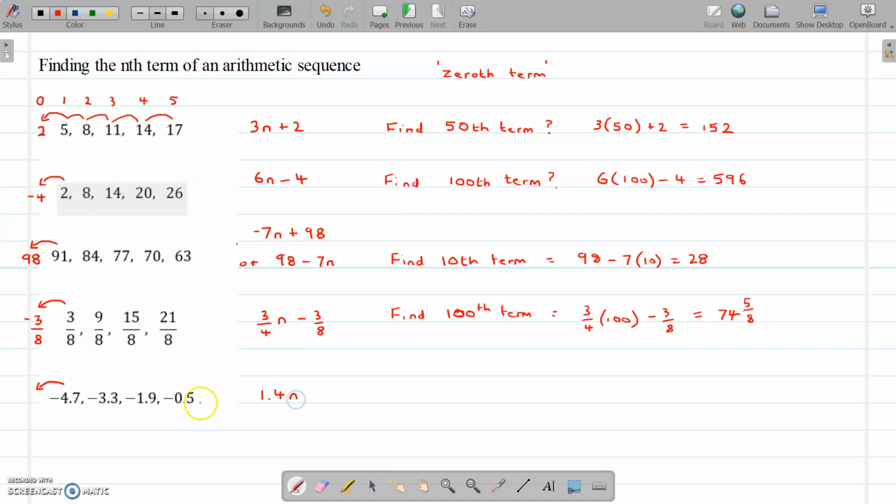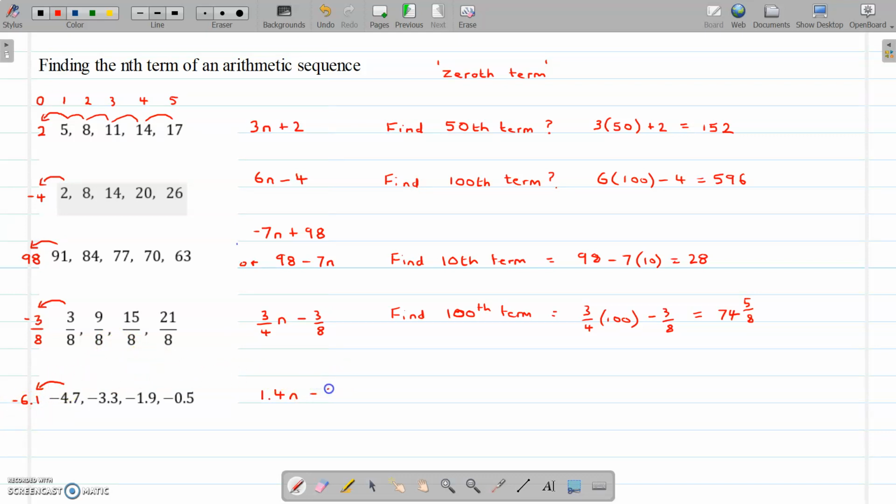And the 0th term would be 1.4 further down from here. So from negative 4.7, you go to negative 5.7, negative 6.1. It's more difficult to follow with the negative numbers, but that's what you would get, wouldn't you?